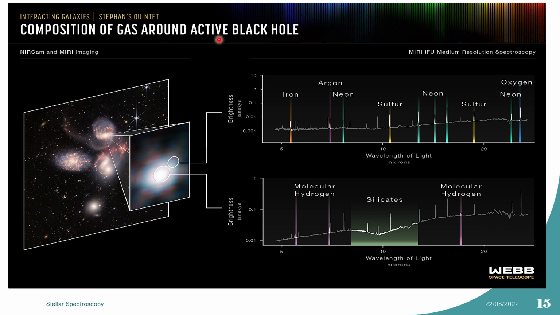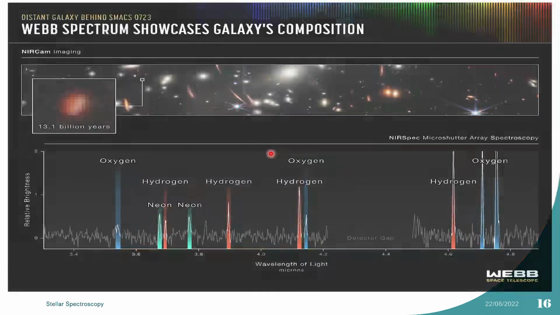Here you can see different elements present in the accretion disk of the black hole, and you can probe the surrounding atmosphere, where you will get this kind of spectrum, from which you can find the presence of argon, iron, neon, sulfur, oxygen, and many such elements. Here you can see molecular hydrogen and silicates are also present in the surroundings of the black hole.